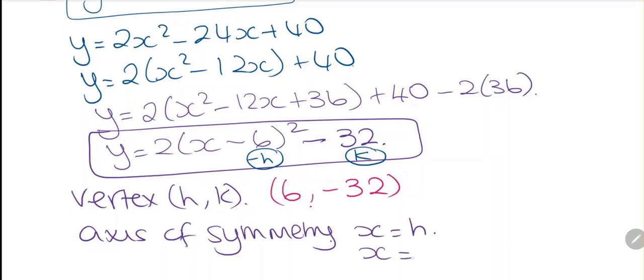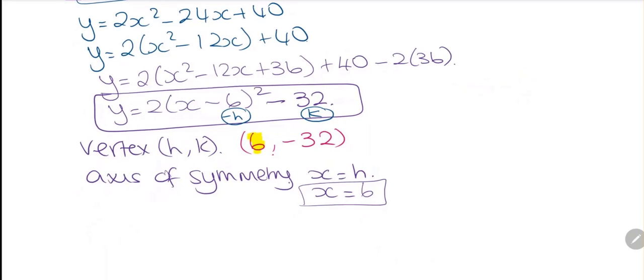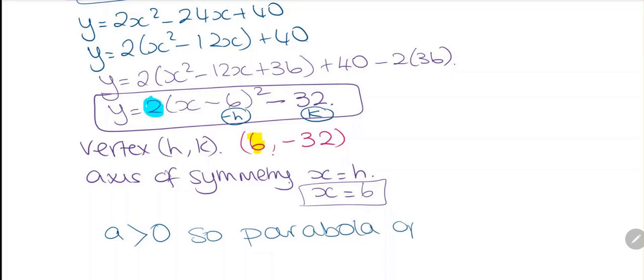So x will be equal to 6. Now to find which way it opens, we need to look at the a value. So a is greater than 0 because we have a 2. So the parabola opens upwards.